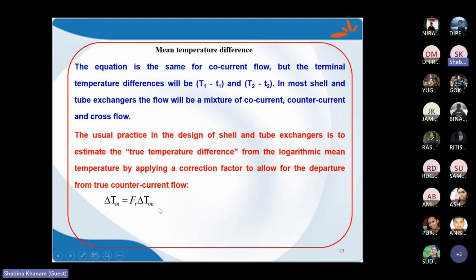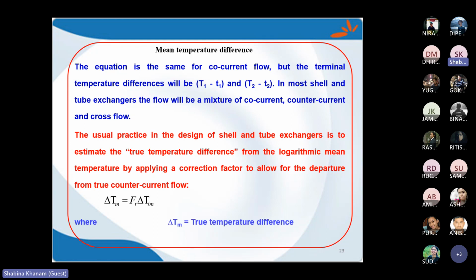Therefore, for delta T mean in a shell and tube heat exchanger, we consider the LMTD, which is usually defined for counter flow. Please keep in mind it is not for co-current. We consider this for counter flow, and then a correction, that is the FT correction factor, which you have also read in the heat transfer course, to account for the multiple flows in a single unit, or single exchanger.